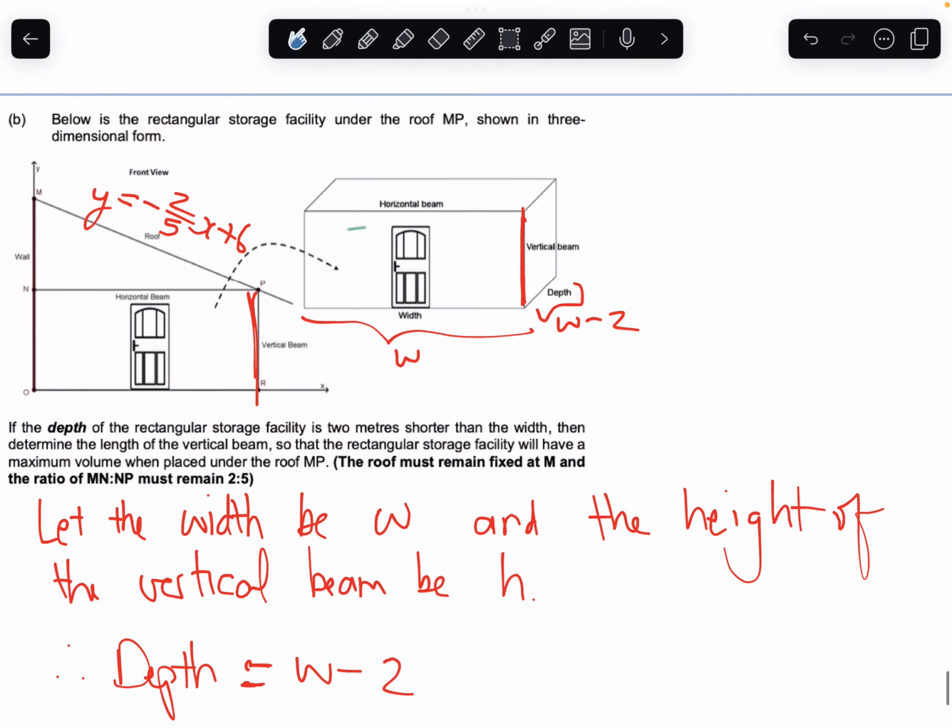I was just saying that we're not looking at the volume including the space that the roof takes up. We are only looking at the volume of the rectangular storage facility, maximizing that.